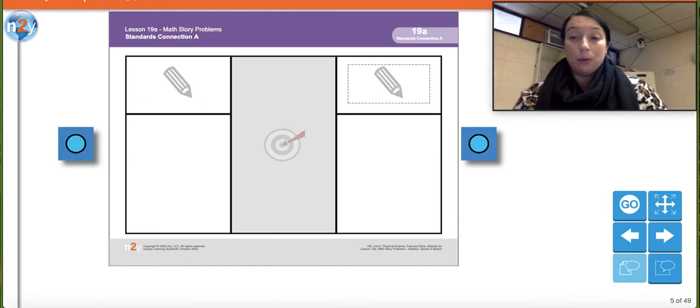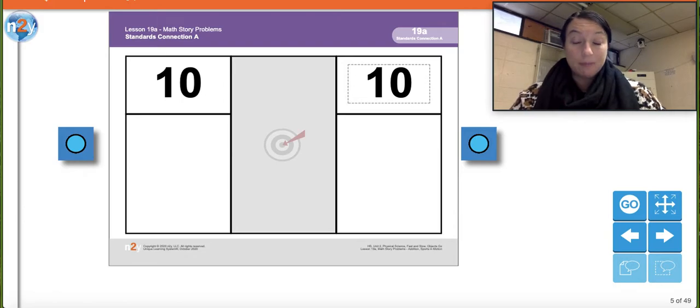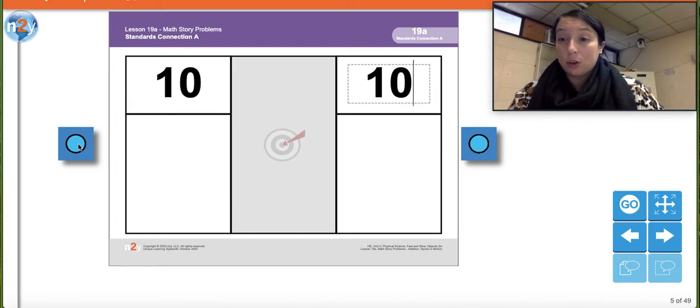Let's do this number and this number, okay? So we see them, but a lot of times when I look at numbers, I might not know them right away. So we're going to use our blue markers and then we're going to count them out. So let's use our markers.